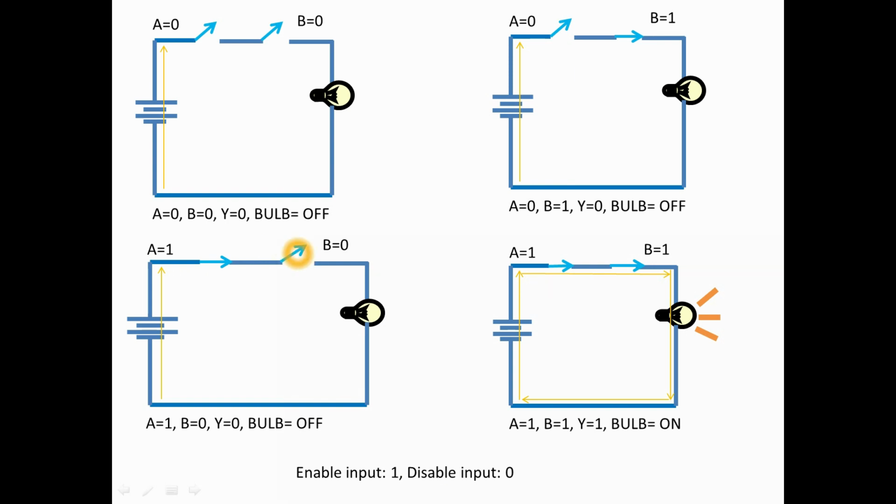If the other input is 1, the output is logic 1. That is the enable input. Disable input is 0. It means if any one of the inputs is 0, irrespective of the other inputs, the output is 0. That is the disable input.